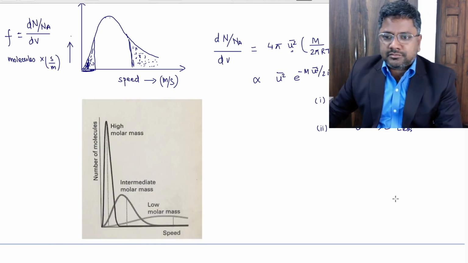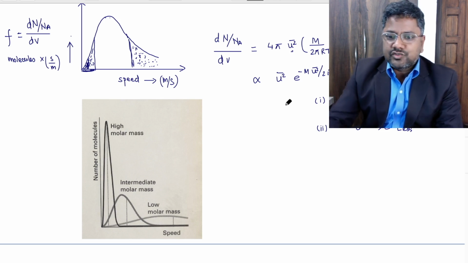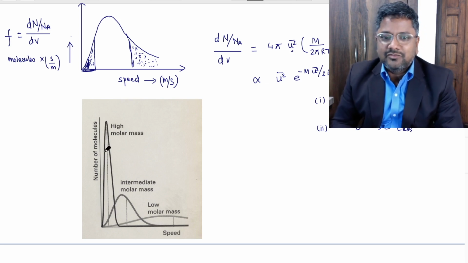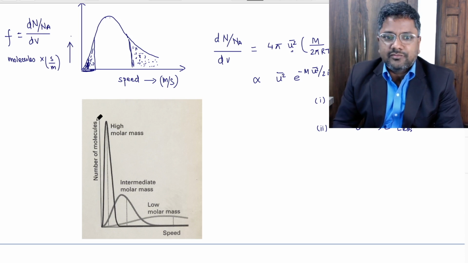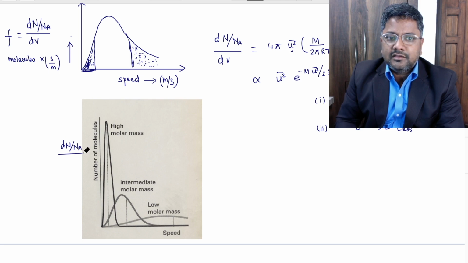See the source from where I have taken it, they have written number of molecules, but basically you have to understand it like this. In many books you will find it written as number of molecules, but this is basically dN by Na by dv.